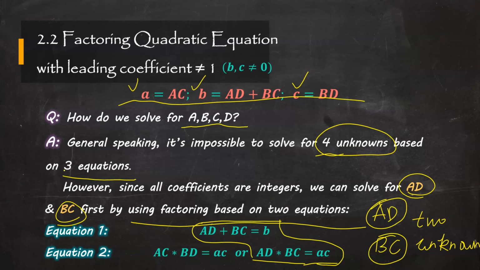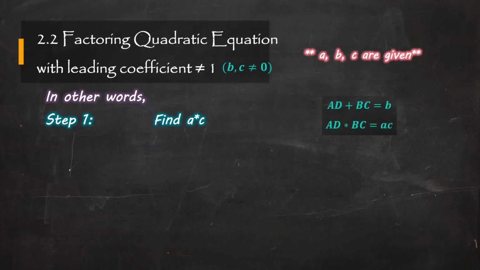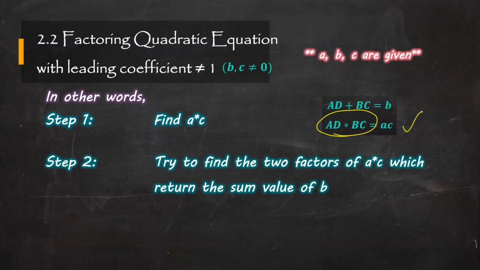Okay, so once we find the AD and BC, it's going to be easier for us to solve case 3, right? So in other words, the strategy to solve for case 3 is first we find A times C, which gives us AD times BC. And the second step is to find the 2 factors of A times C which return the sum value of b.